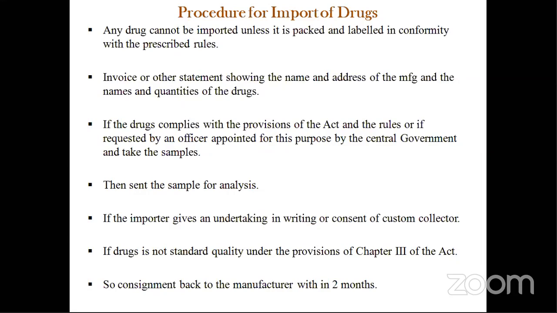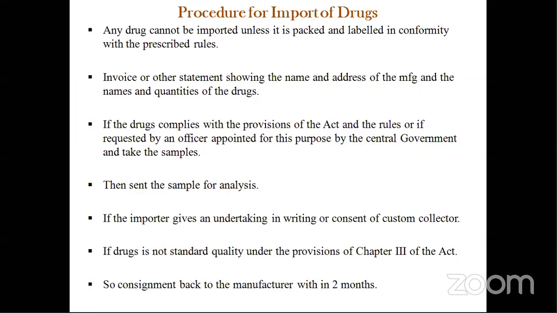Next, coming to the invoice or other statement showing the name and address of the manufacturer and the name and quantities of the drugs, these have to be included. First, you have to check and mention the address of the manufacturing area. If you give the wrong address, it is going to be sent or imported to a wrong address.